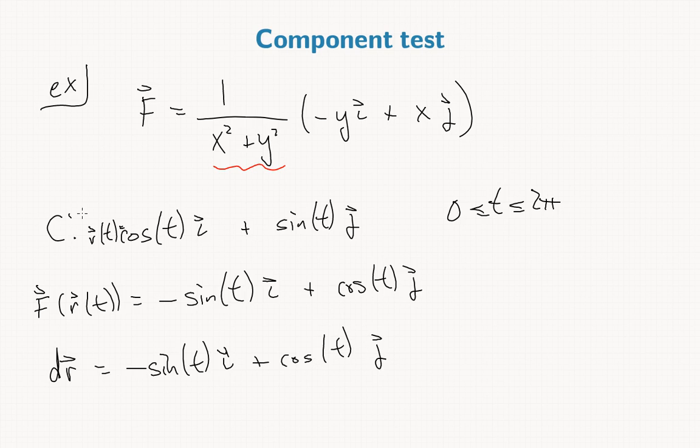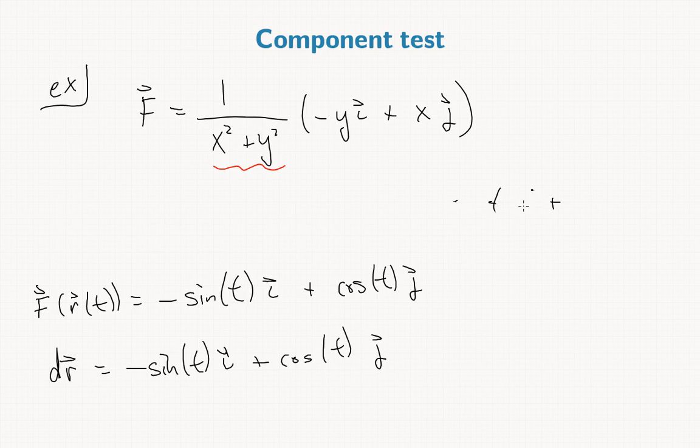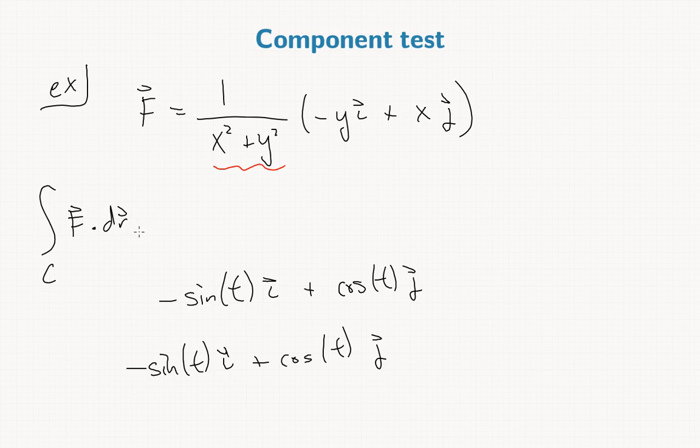So if we integrate this, the integral over C of F dot dr is the integral from 0 to 2 pi of this, oh sorry, that was supposed to have a dt at the end, dot this dt.